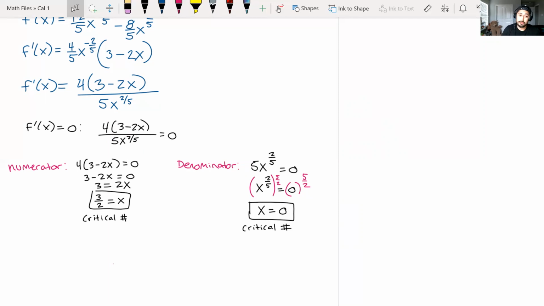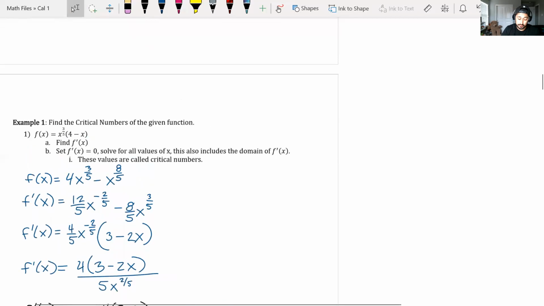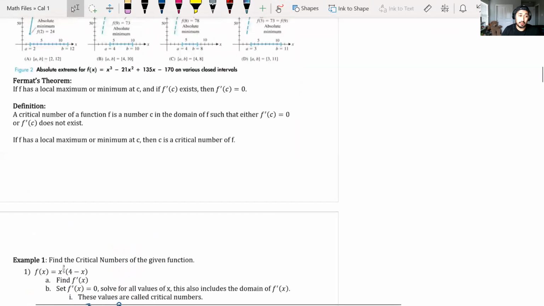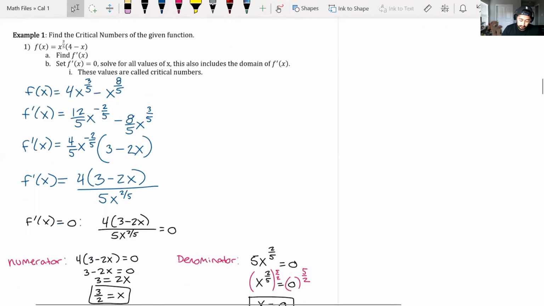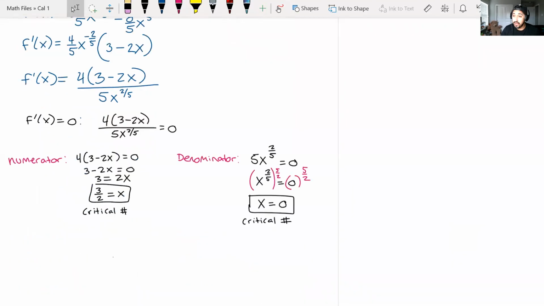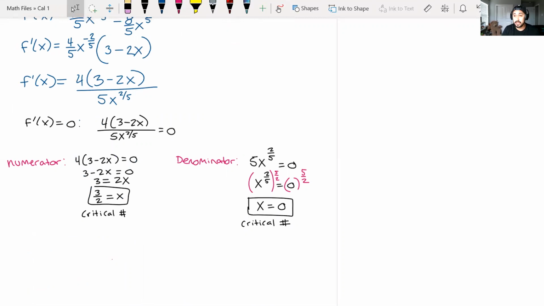0. Now, if I scroll up and explain what I'm talking about, look at the definition under Fermat's theorem. A critical number of a function f is a number c in the domain of f such that the derivative at this critical number equals 0. That's 3/2. If I plug 3/2 into the derivative it will become 0. So we check out there.